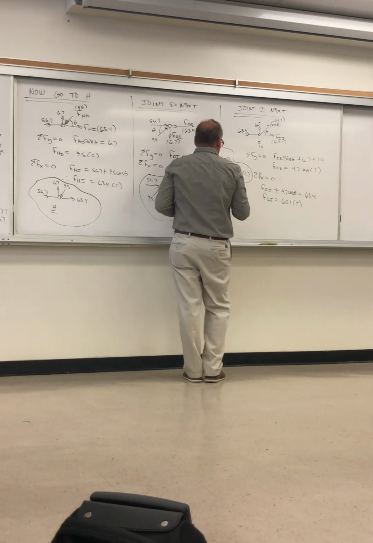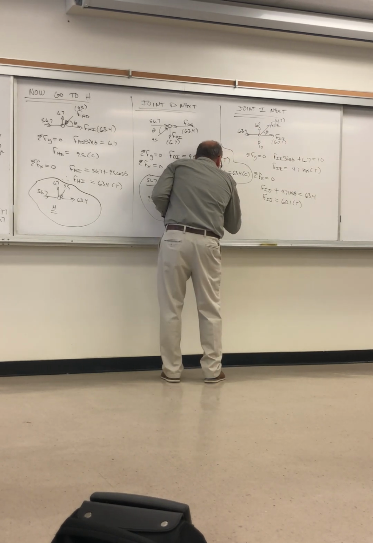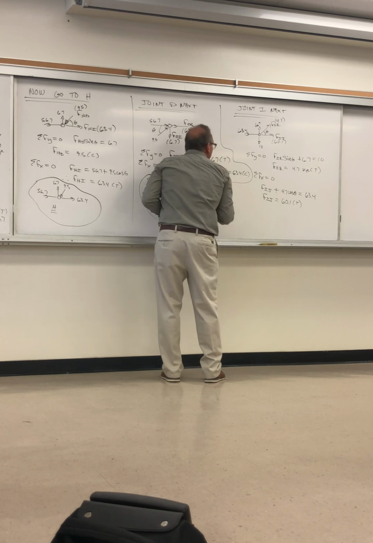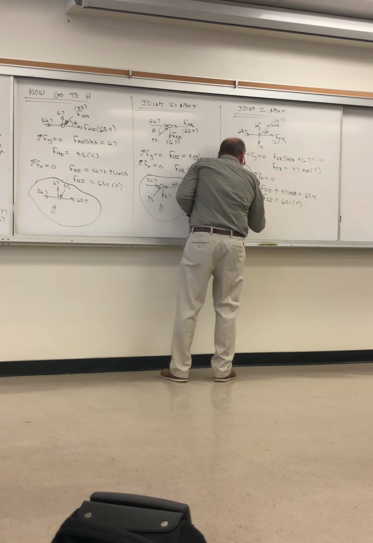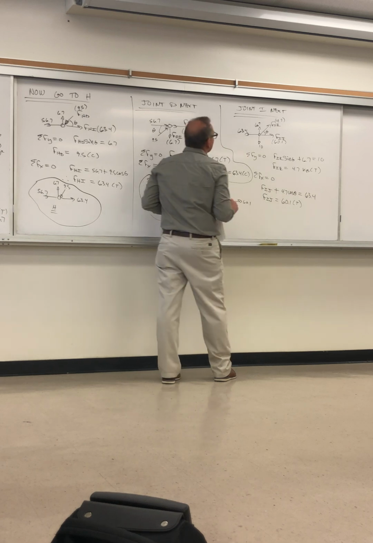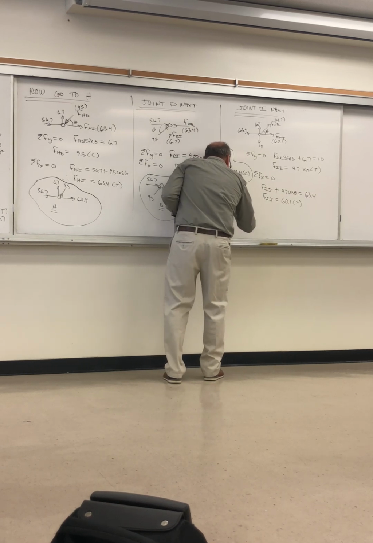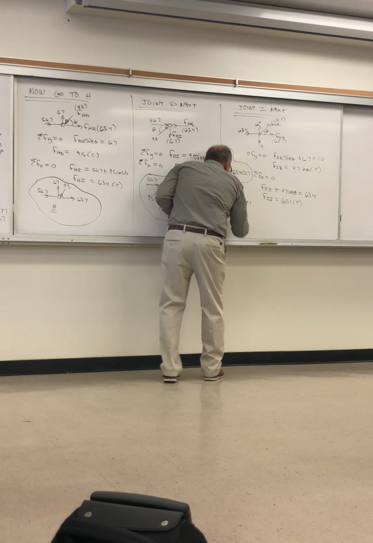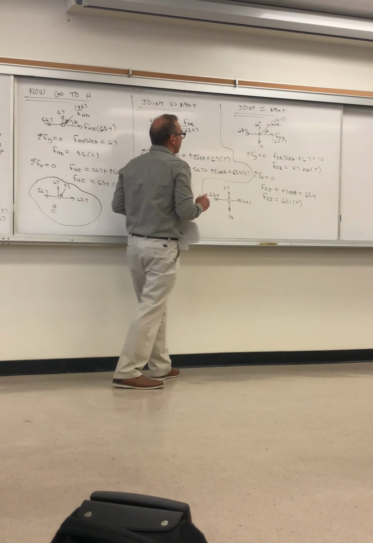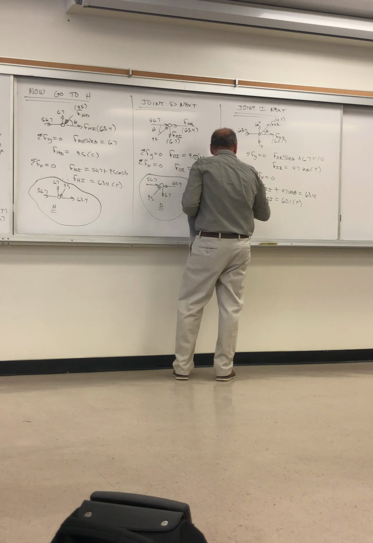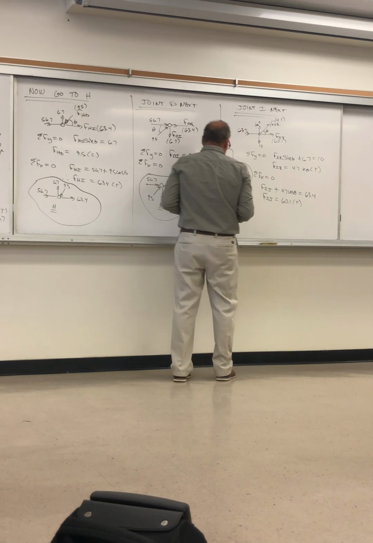You draw the joint: 63.4 to the left, 60.1 to the right, 6.7 up, 10 down, that's the applied external force, and the 4.7 force.